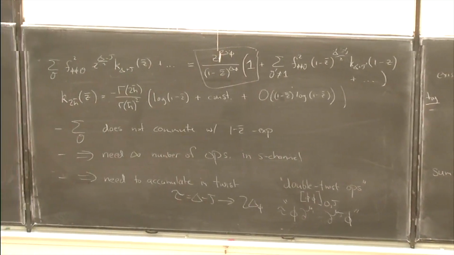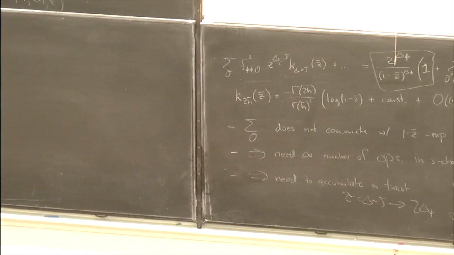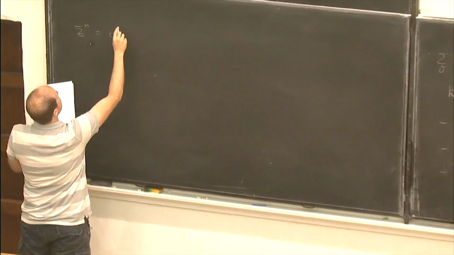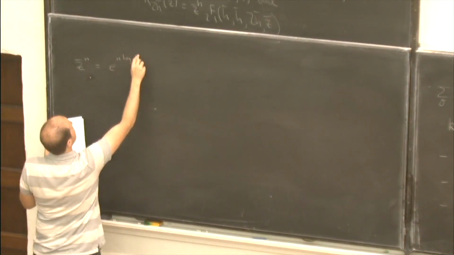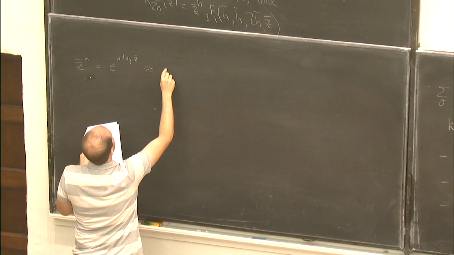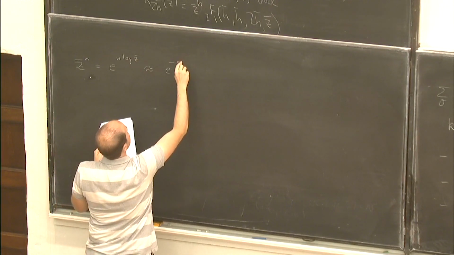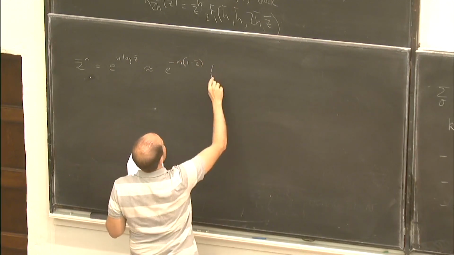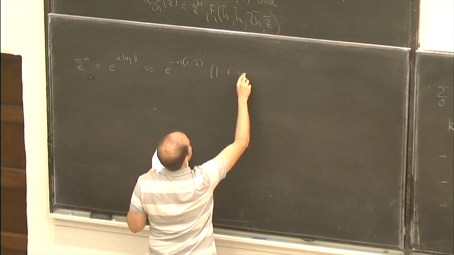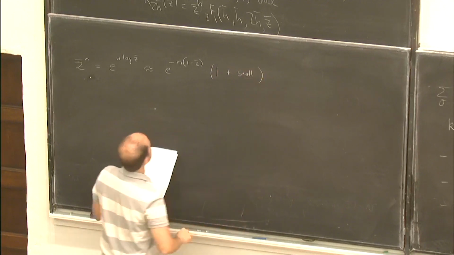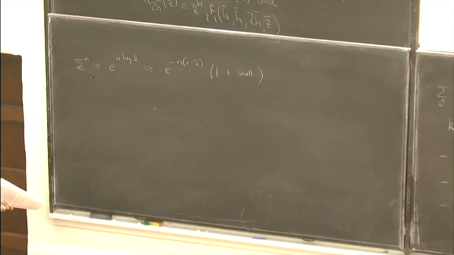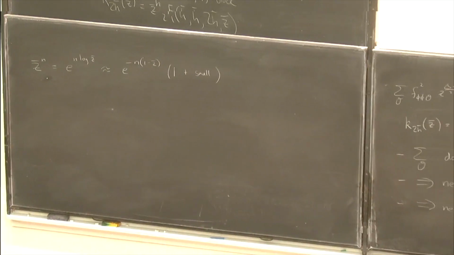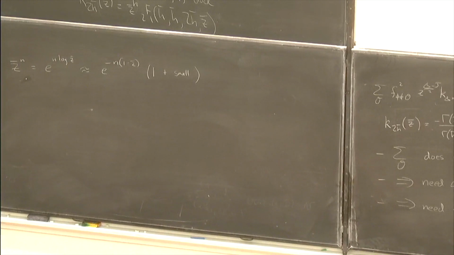The idea is that we need to use a different kind of approximation for z bar to the n. What we should do is write it as e to the n log z bar, which is approximately equal to e to the minus n times (1 minus z bar), plus small corrections in this limit. What this basically does is it resums all these problematic terms that were order 1 in this expression.